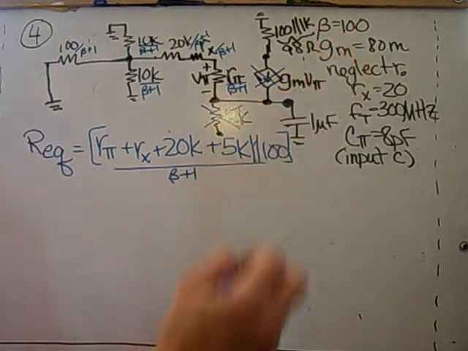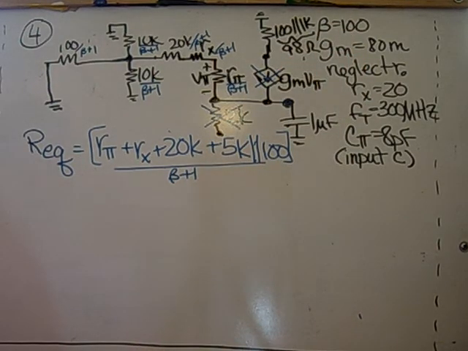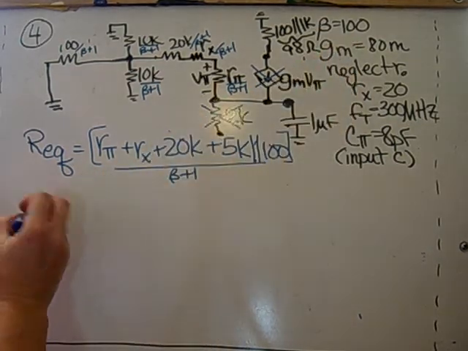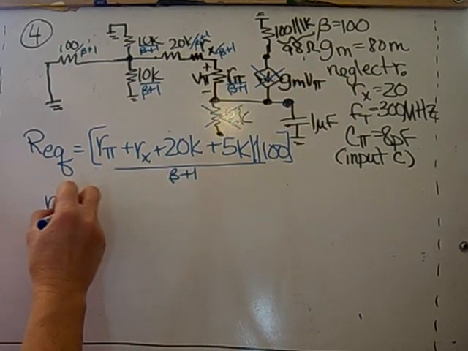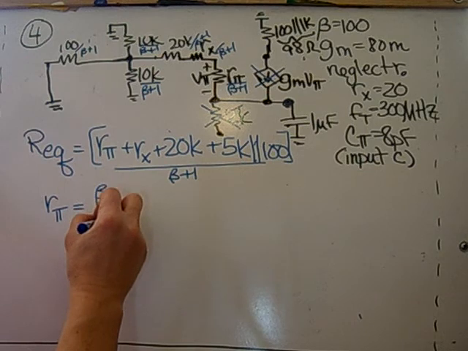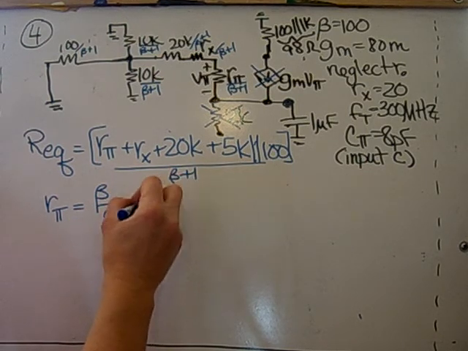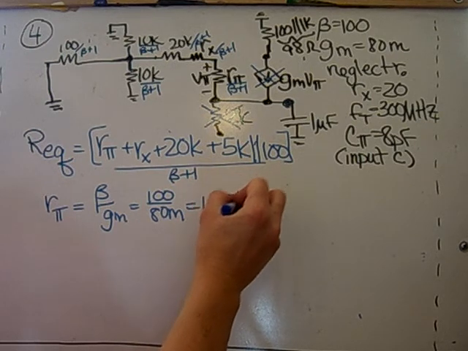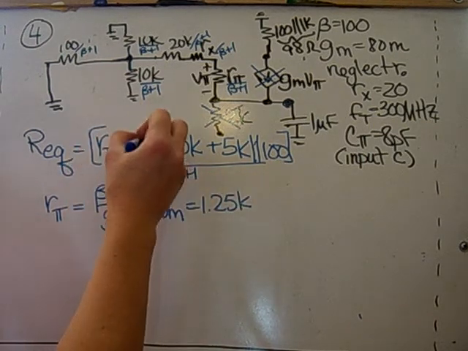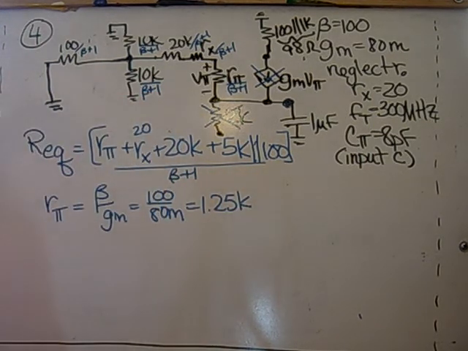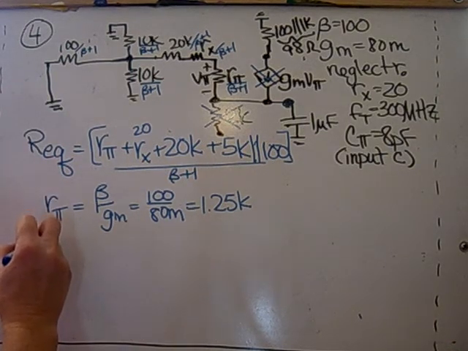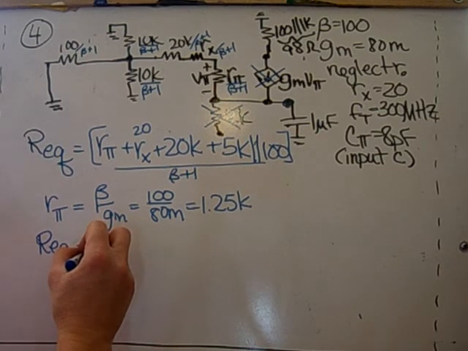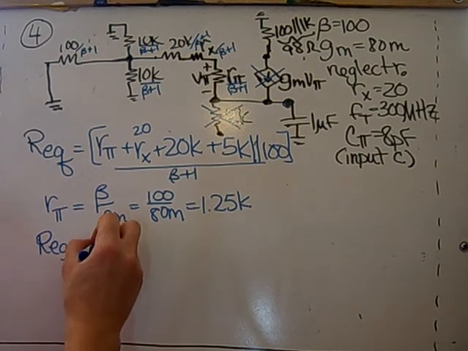Beta is given as 100, and R pi is found from GM. R pi is equal to beta over GM, so 100 over 80 milli, which gives 1.25K. So I plug that in here. My Rx is given as 20, and my R equivalent multiplied out gives me a value of 21.4K.